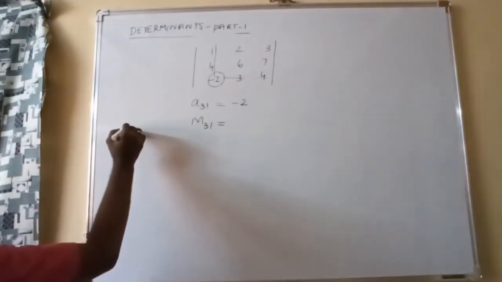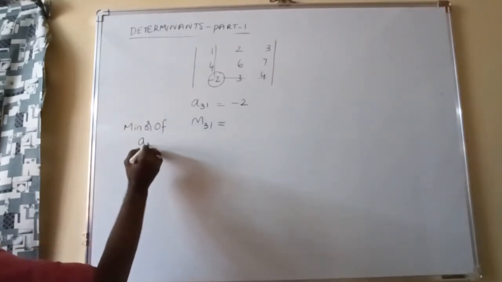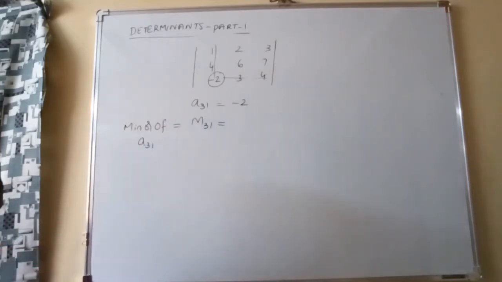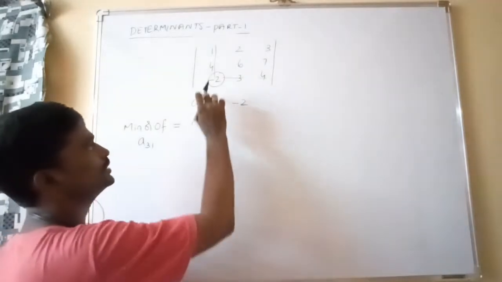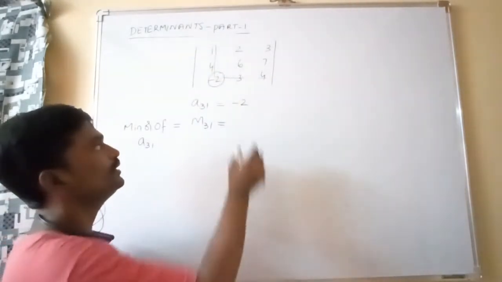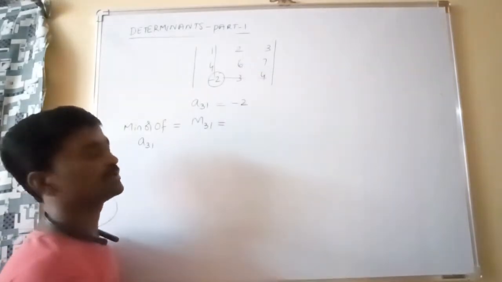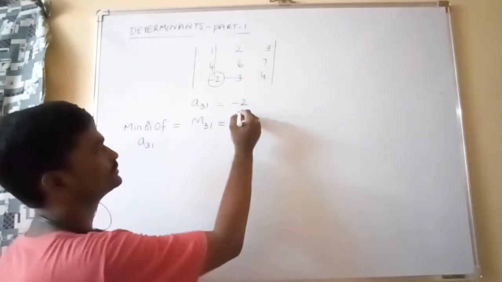So delete the third row and first column, then you get a 2 by 2 matrix. The determinant of this 2 by 2 matrix is the minor.